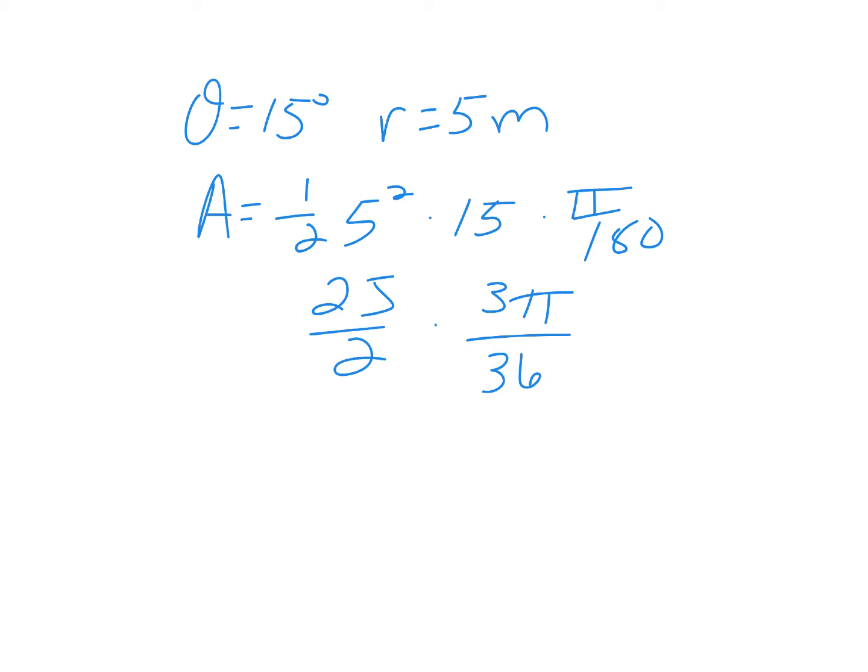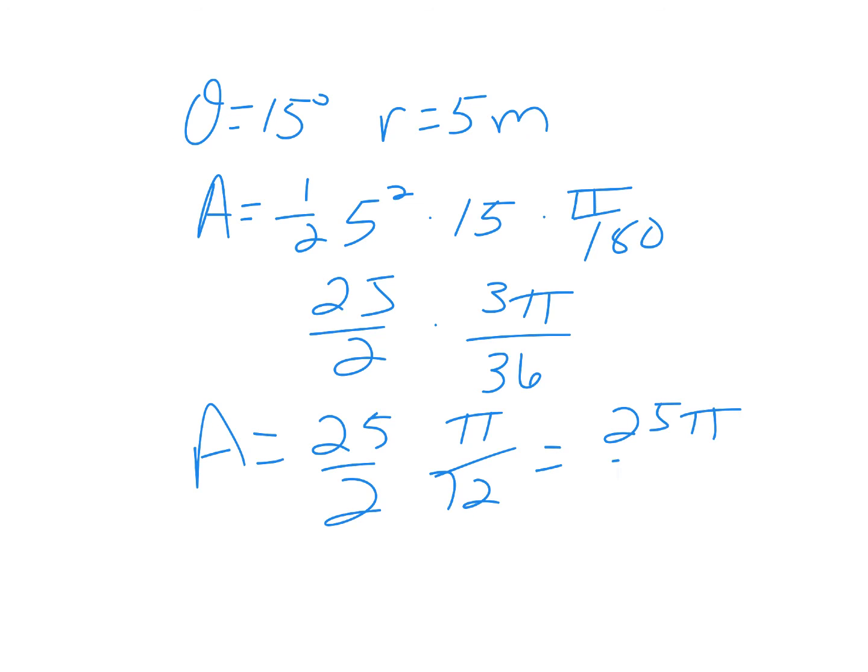Can we do even more? That's pi over 12. So in terms of this, it'll be 25 pi over 24 meters squared. And if we wanted a specific number, that will get us approximately 3.27 meters squared.